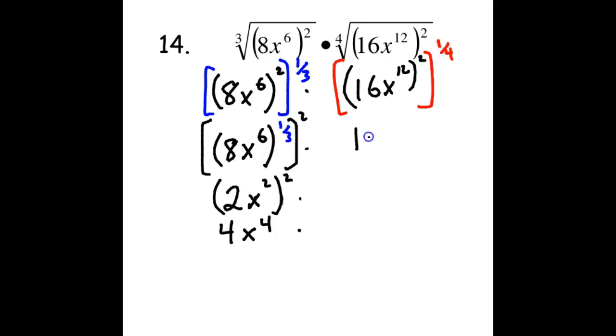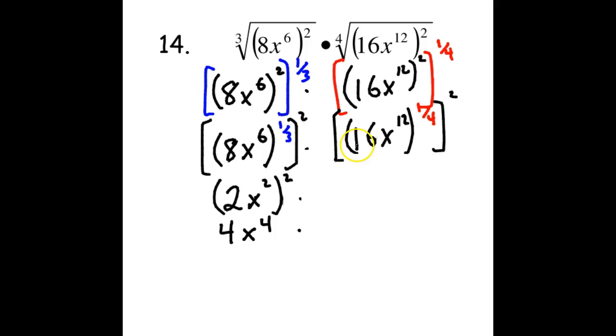So we have 16x to the 12th, but then I'm going to write it as to the 1/4 power, and then I'm going to square it. Okay, what is the 4th root of 16?